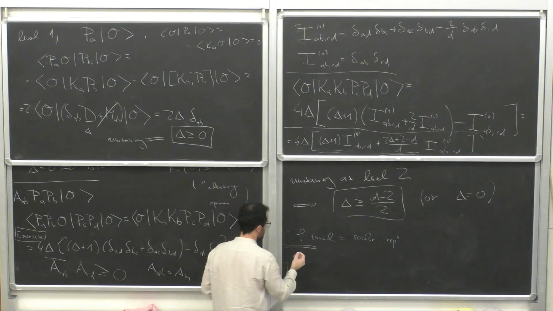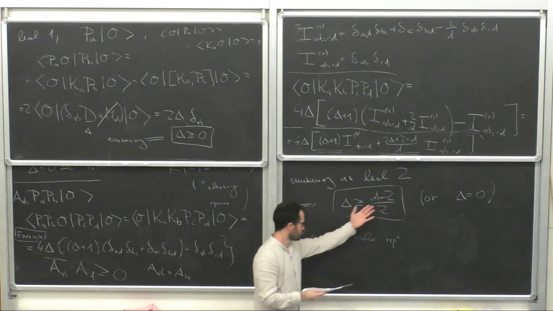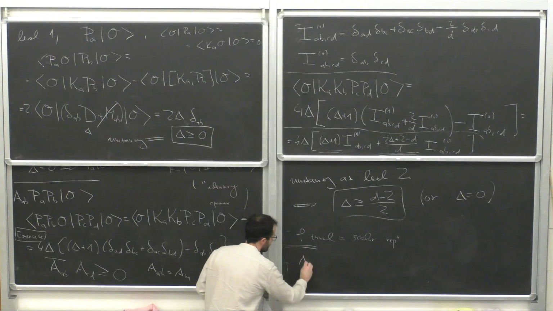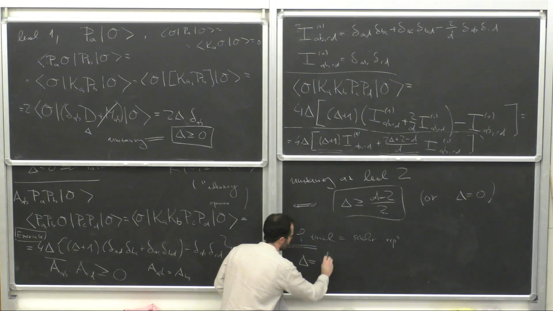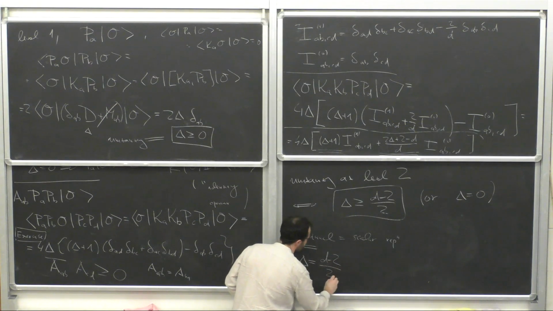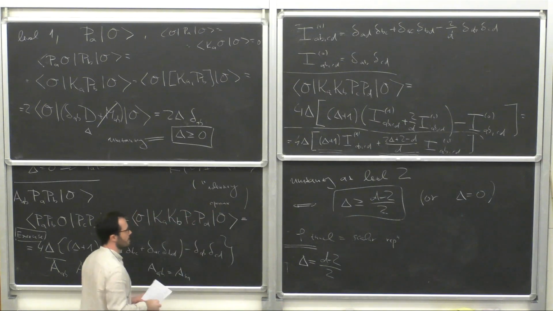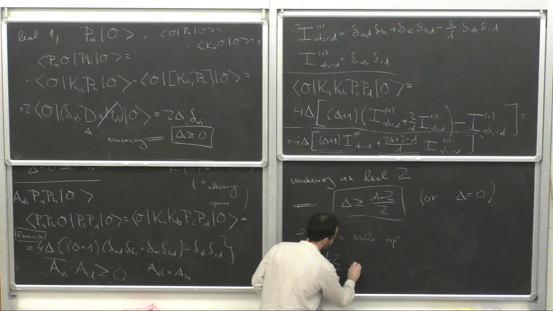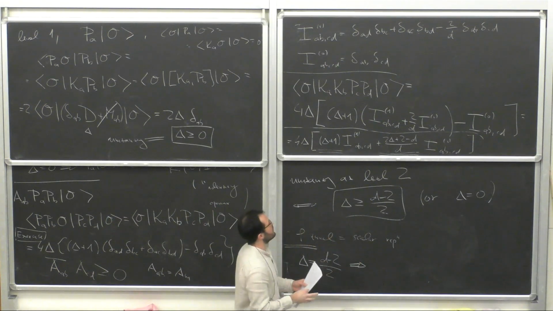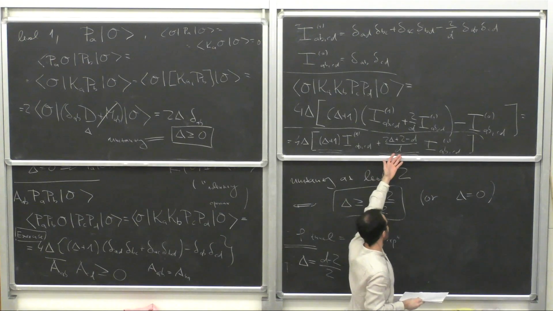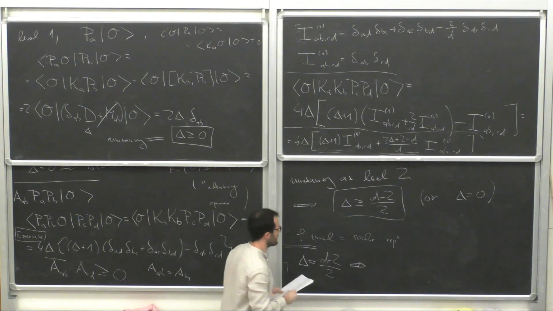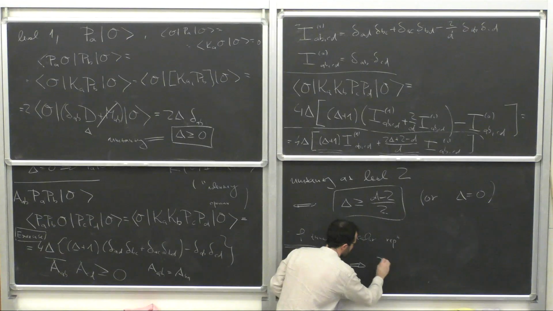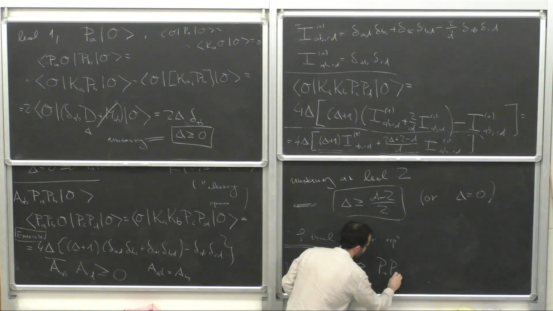And now but it can be equal to, right? So if it's equal to, then that means that this part vanishes, which means that the trace part has a vanishing norm.